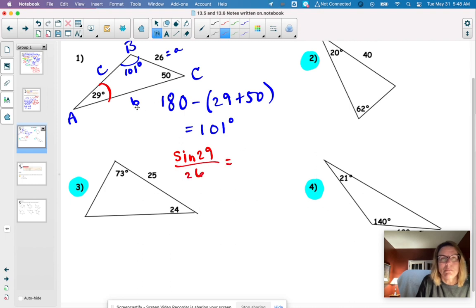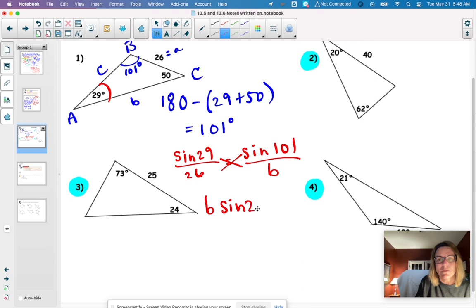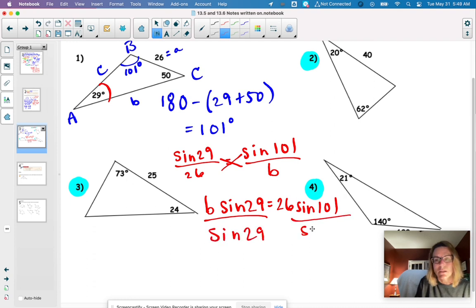All right, let's find B first. Is sine of 101 over B. Cross multiply, I get B sine of 29 equals 26 sine of 101. Divide both sides by sine of 29. And B is equal to, so if we take 26 sine of 101 divided by sine of 29, just have to double check something because I labeled it differently when I did my work here.